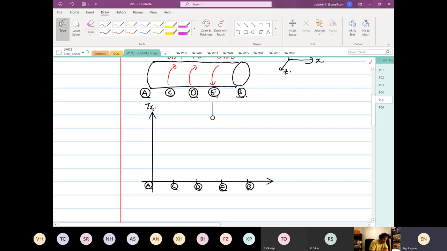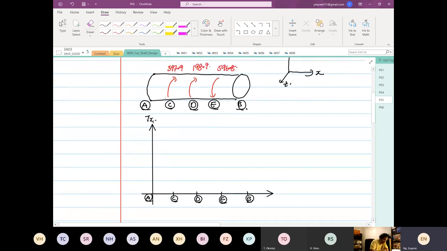From A to C we have nothing, so it's 0. C to D we have 397.9.